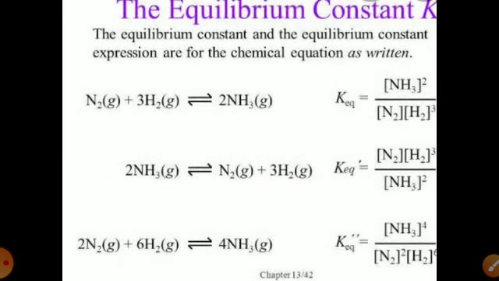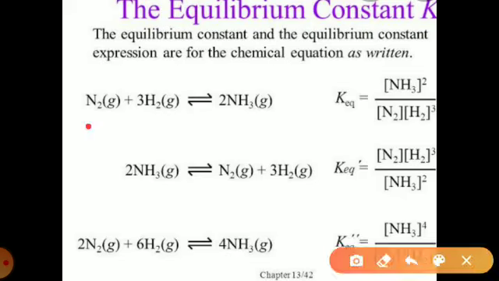Now I am giving you examples of how to write equilibrium constant expressions. Look at the equation: nitrogen plus hydrogen gives ammonia. There are two arrows, a forward arrow and a reverse arrow.